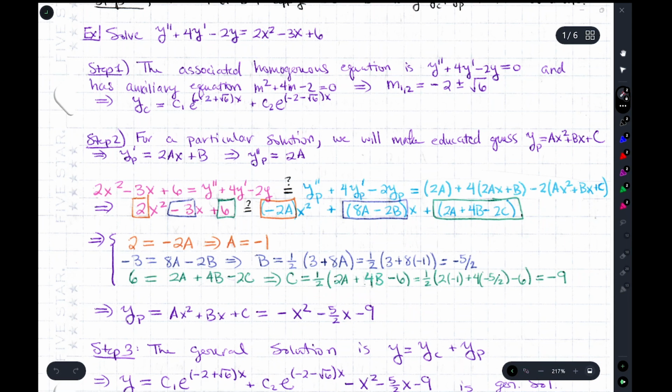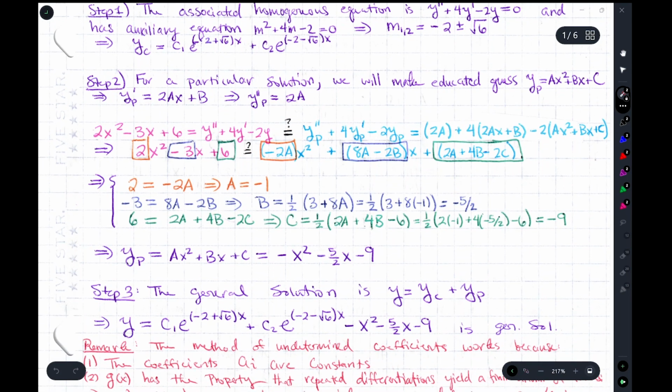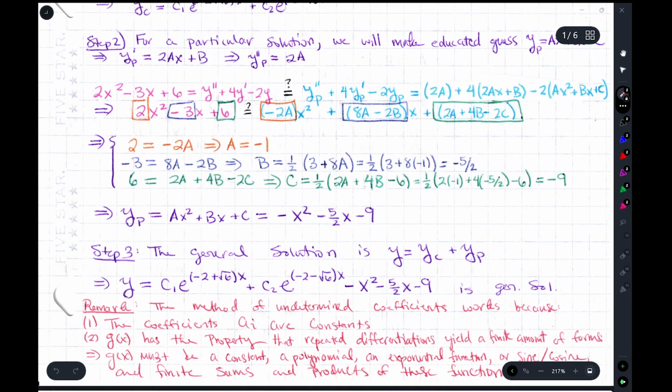And we go back to our initial form there. But this time we do know that a must be equal to -1, b equals -5/2, and c equals -9. And so the general solution then, the last step here, is that y is equal to the complementary function plus the particular solution.